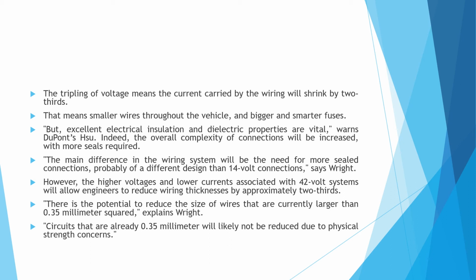However, the higher voltages and the lower current associated with 42-volt systems will allow the engineers to reduce the wiring thicknesses by approximately 2/3, and there is potential to reduce the size of wires that are currently larger than 0.35 millimeter square. The circuits that are already 0.35 millimeter will likely not be reduced due to the physical strain constraint.